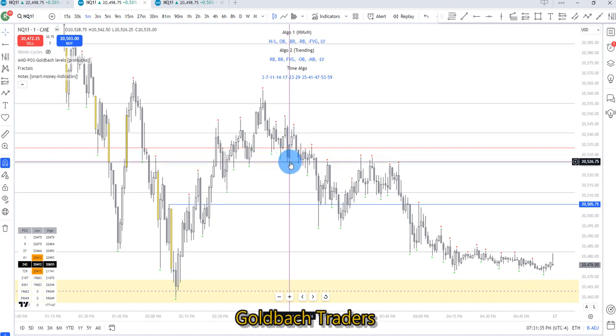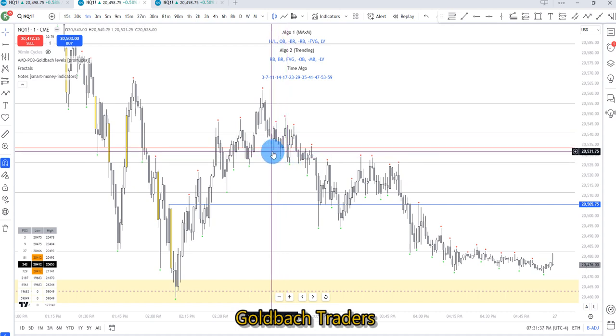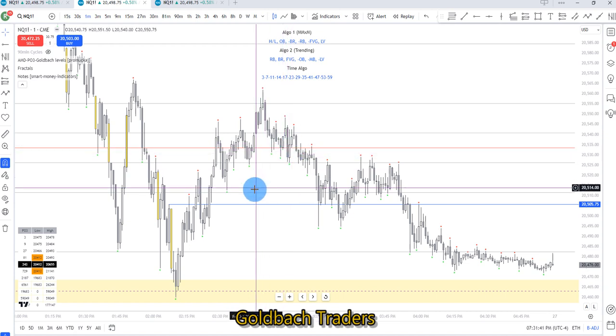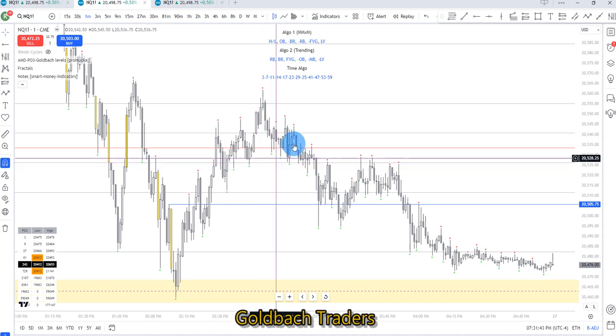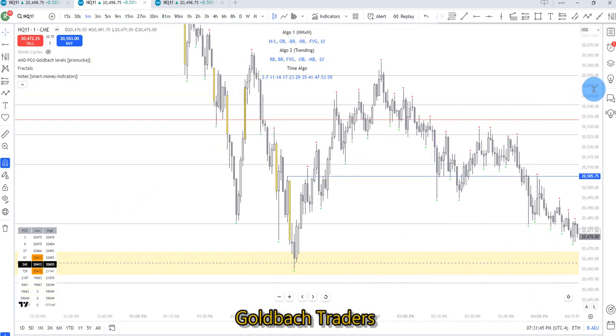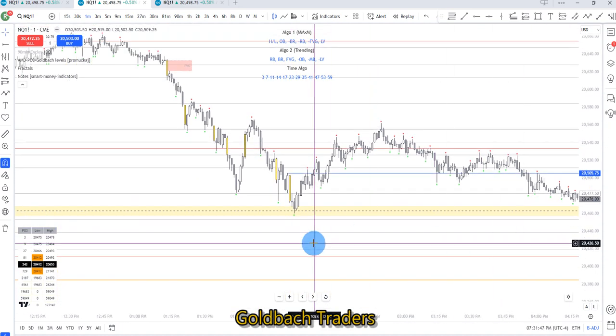Then it closed below it here, and I was like, crap. I don't remember where I got out, but it was a nice little trade, especially for the end of the day. So anyway, that's kind of the way I'm using Goldbach.